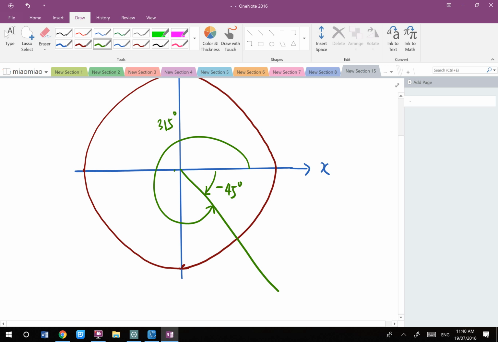So you can either say it's 315 degrees positive, or negative 45 degrees. Even though there are two different angles, they locate at the same place, so all the properties will be exactly the same. So if angles are located at the same place, then all the sine, cosine, tangent values for that angle will be exactly the same. Okay, we get that?